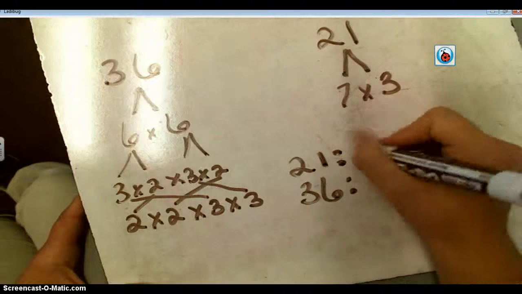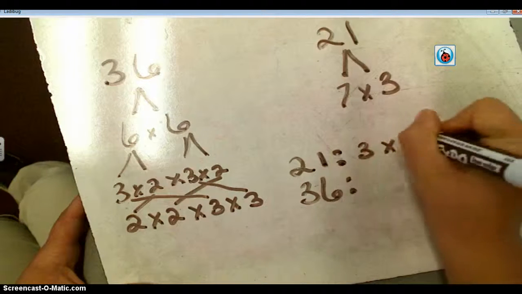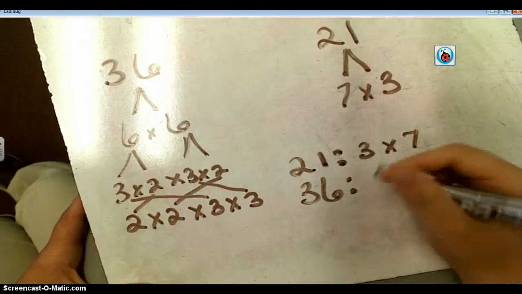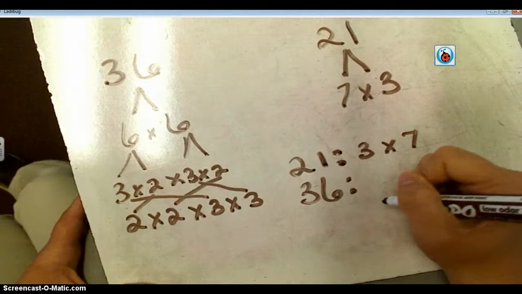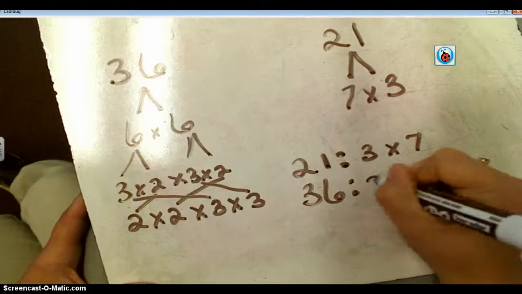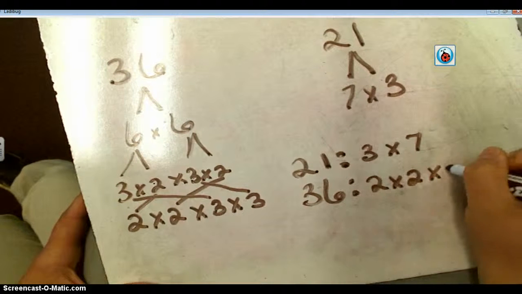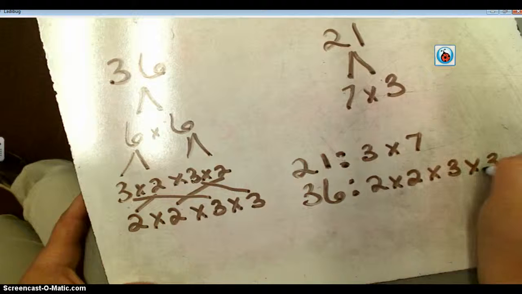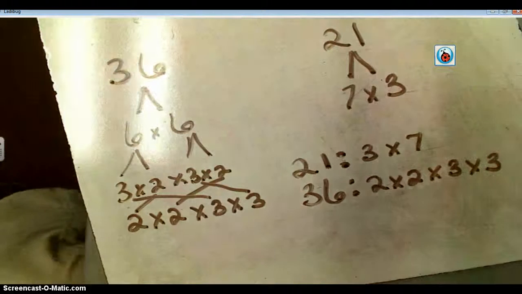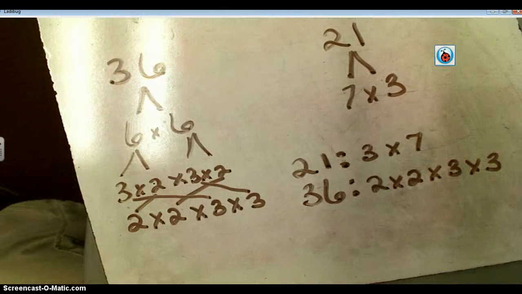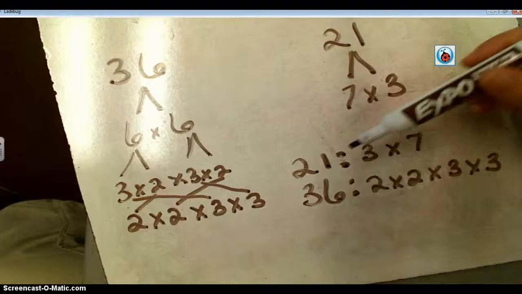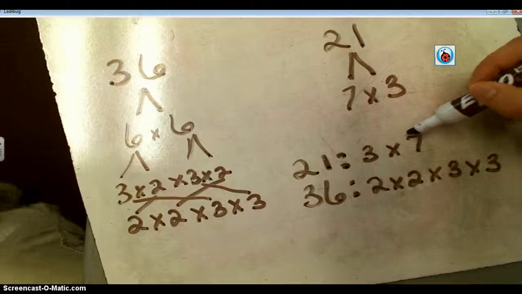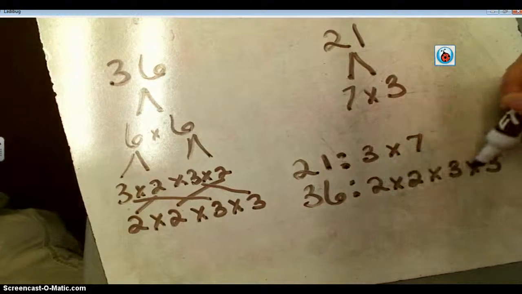For 21, it was 3 times 7. For 36, it was 2 times 2 times 3 times 3. Do they have any factors in common? No. Yeah. 3. 21 is 3 times 7. 36 is 2 times 2 times 3 times 3.